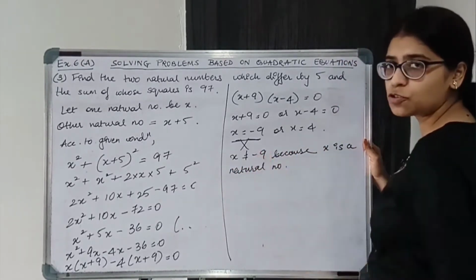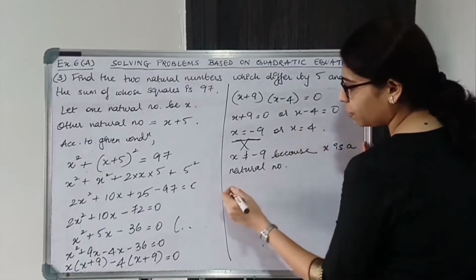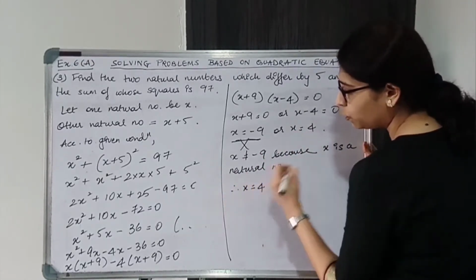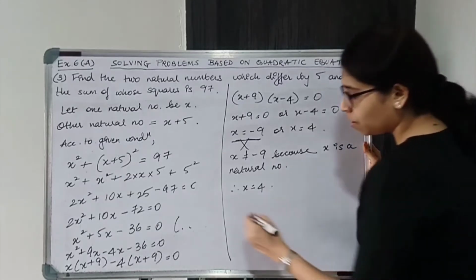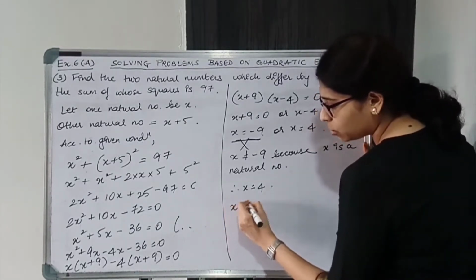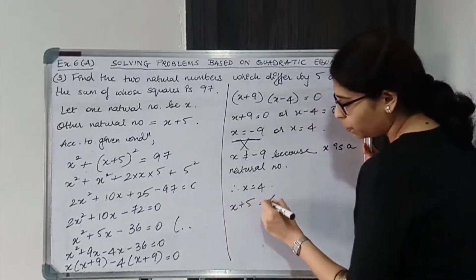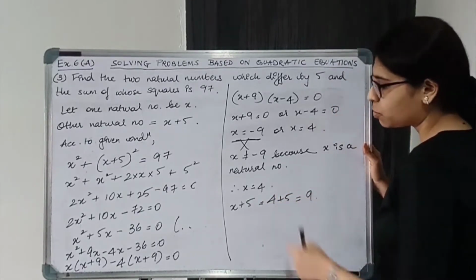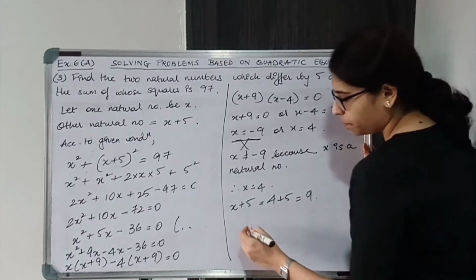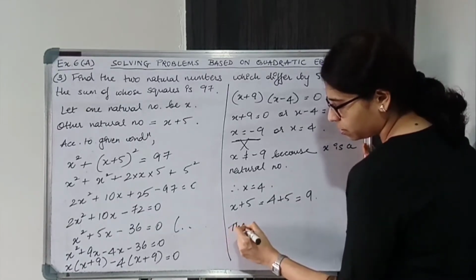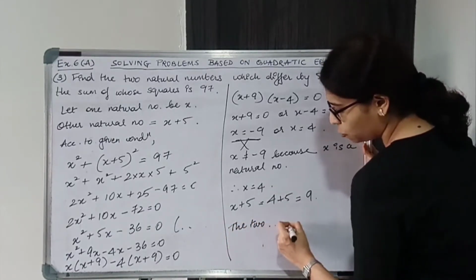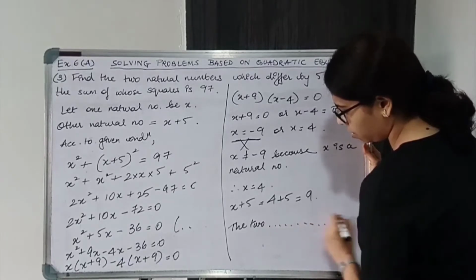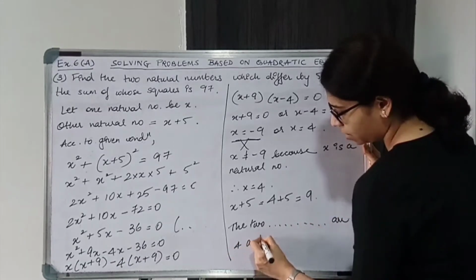So this is not a natural number. Therefore x is equal to 4. Now x equal to 4, so what will x plus 5 be? It will be 4 plus 5, that is 9. So the two numbers are 4 and 9. So the two natural numbers are 4 and 9.